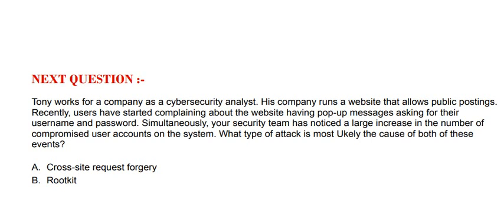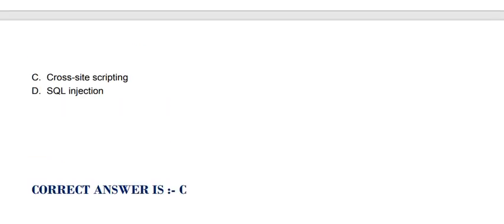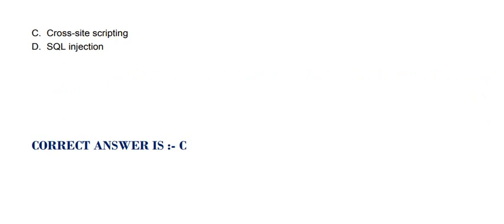Simultaneously, your security team has noticed a large increase in the number of compromised user accounts on the system. What type of attack is most likely the cause of both of these events? And the options are option A, cross-site request forgery, option B, rootkit, option C, cross-site scripting, and option D, SQL injection. The correct option is option C.